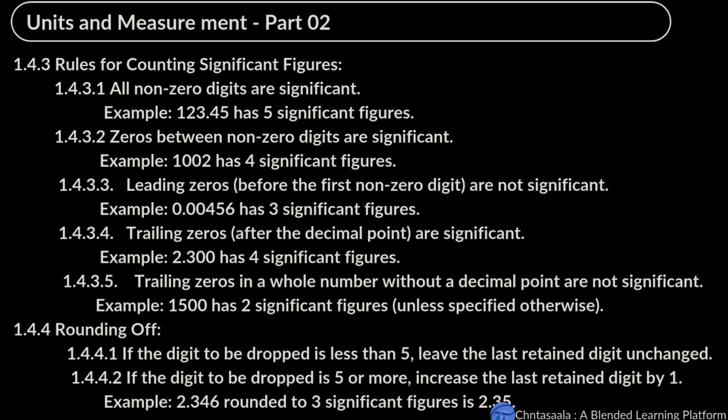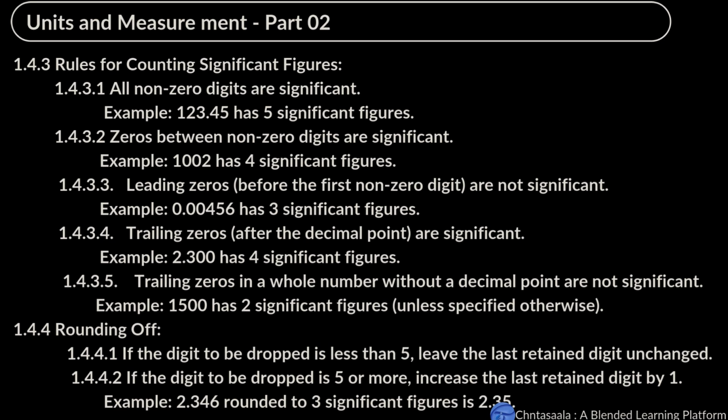Next, let us see the rules for counting significant figures with examples. All non-zero digits are significant. Example, 123.45 has 5 significant figures. Zeros between non-zero digits are significant. Example, 1002 has 4 significant figures. Leading zeros, before the first non-zero digit, are not significant.